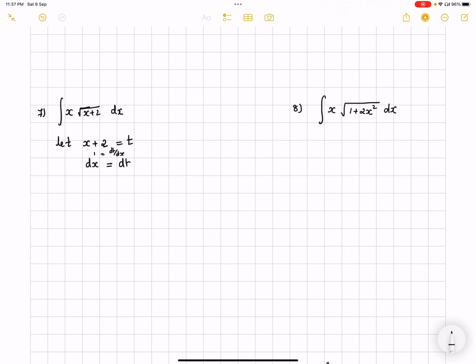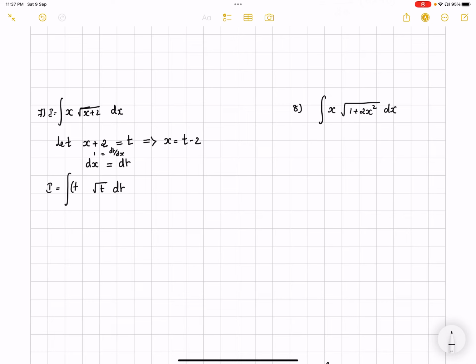And now let's go back to the question. Now I'm considering this as I is equal to. So this root of x plus 2 became root t and dx became dt. But what about the x which we have? I may not be able to write it as x. I need to convert everything to t. So here we have a solution for that. If x plus 2 is equal to t, then x is equal to t minus 2, right?